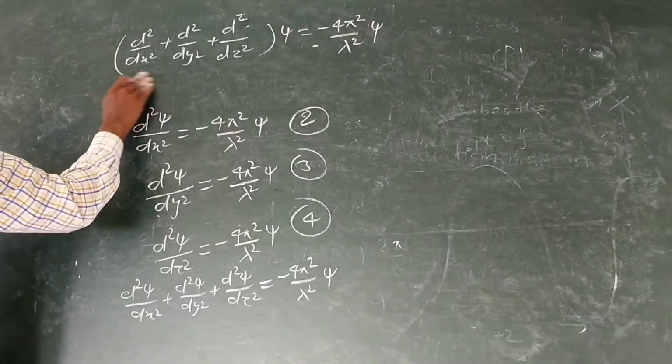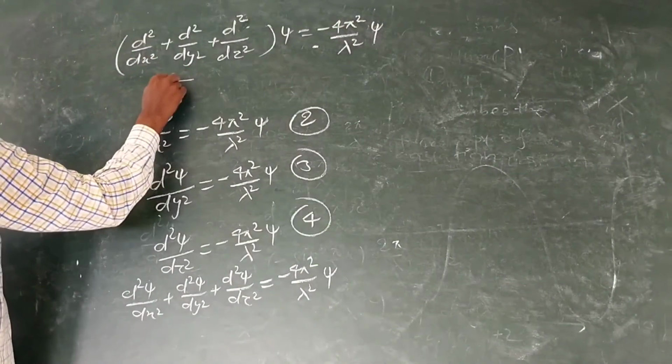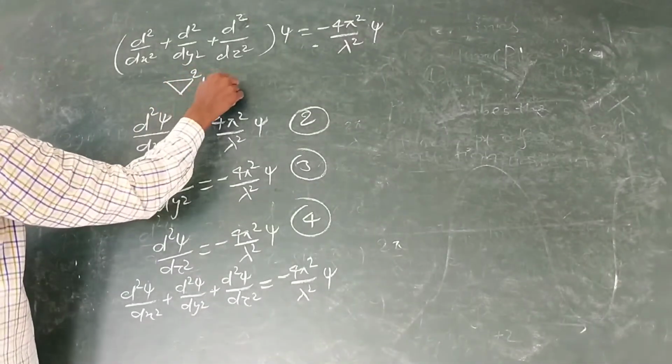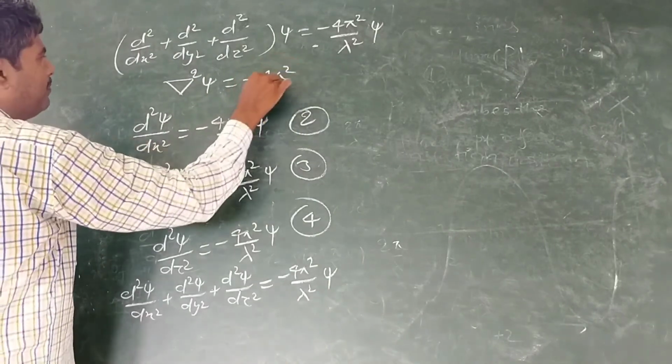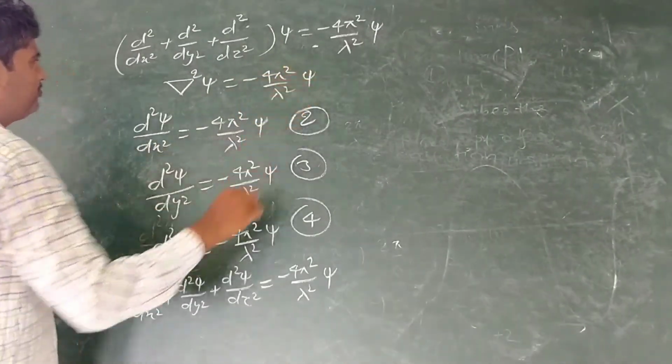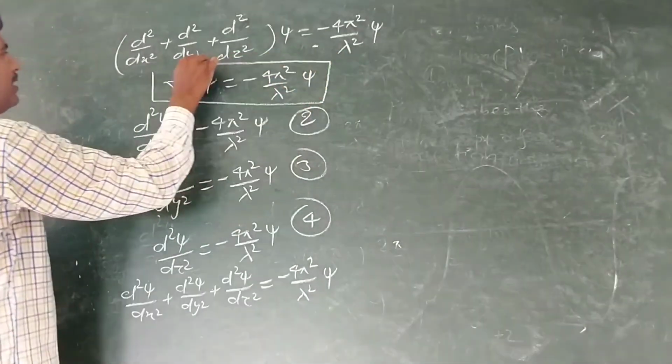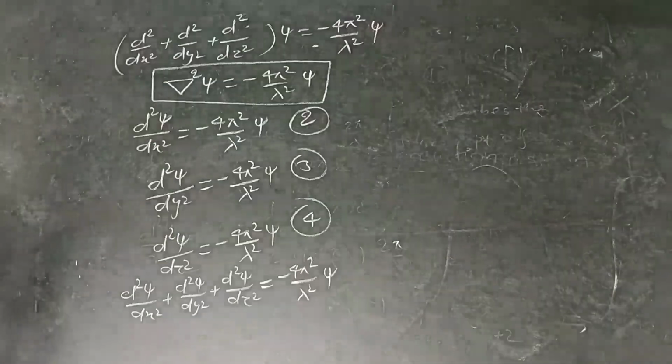The smallest bracket may be replaced by a new symbol del, which is known as the del operator. So del square psi is equal to minus 4 pi square upon lambda square psi. This is known as the Schrodinger wave equation for all three axes x, y and z.